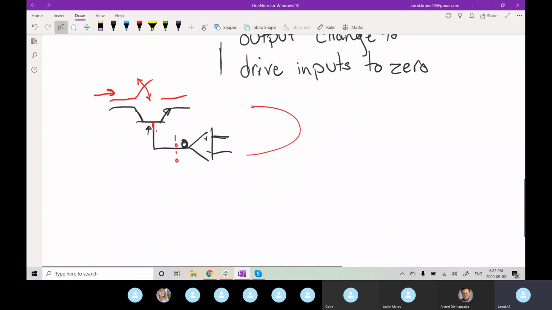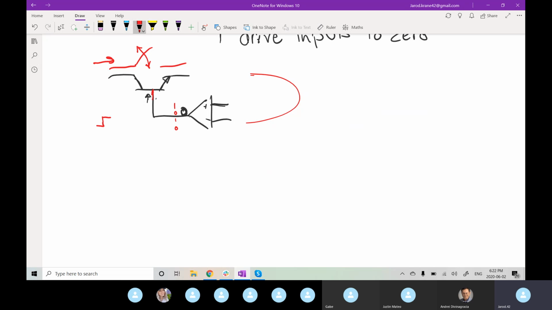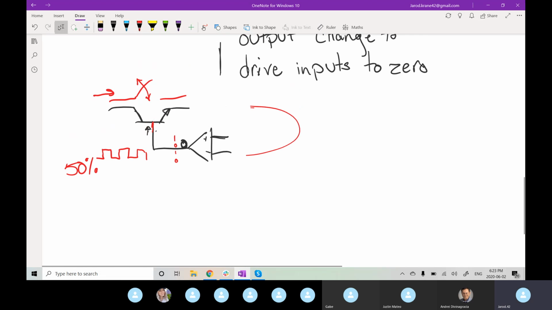So if we were to take an easy case, just assume we were pulsing this gate with a 50% duty cycle. We're only allowing 50% of our 9-volt signal.